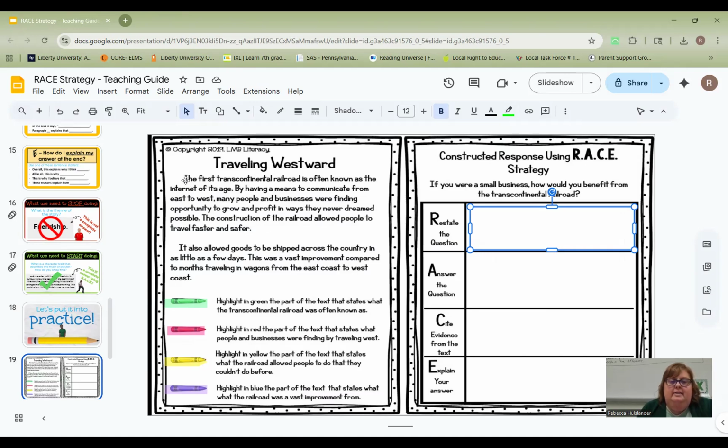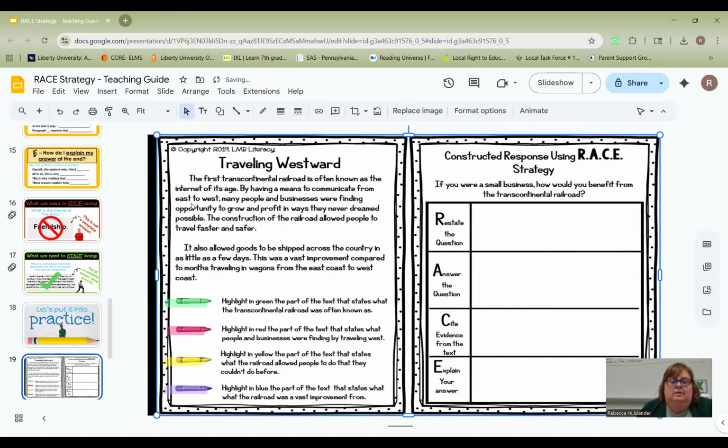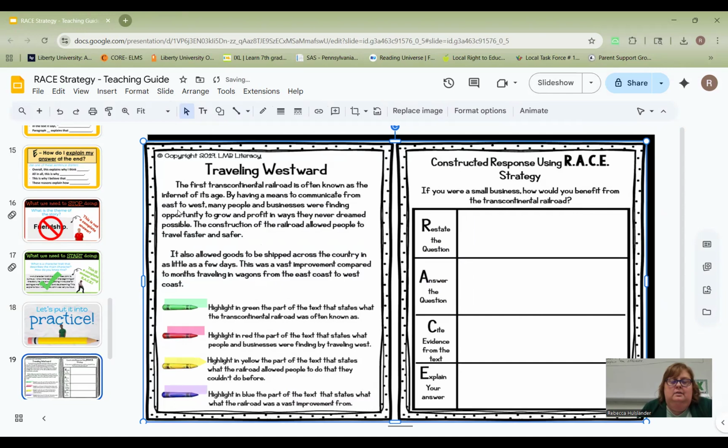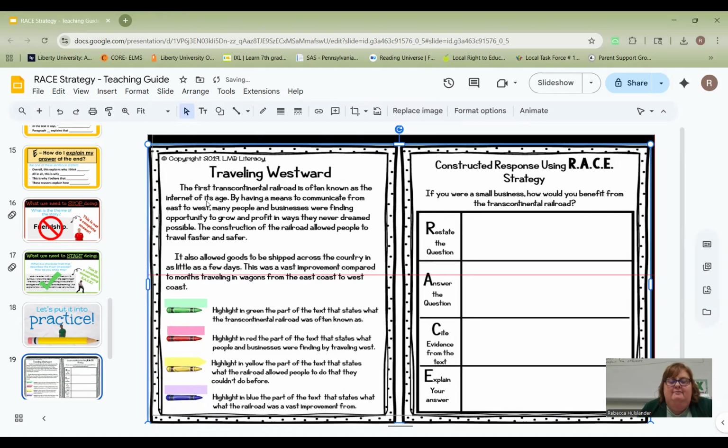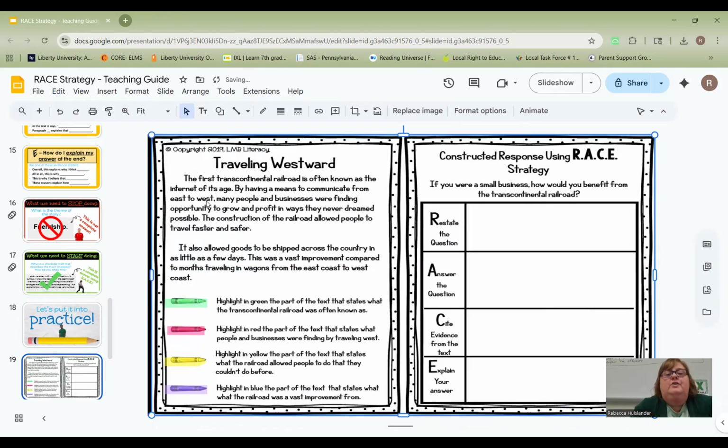Well, that sounds like it matches that. All right, it is not going to let me highlight on here. So if I were highlighting, I would highlight that first line, the first Transcontinental Railroad is often known as the Internet of its age. I would highlight that green.